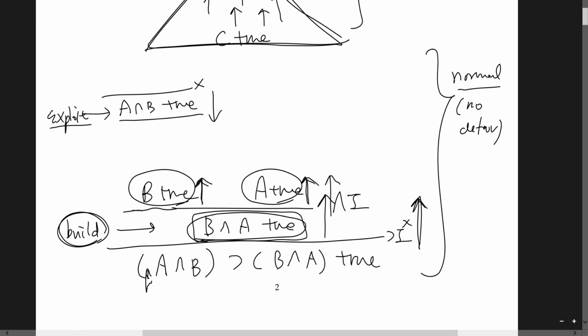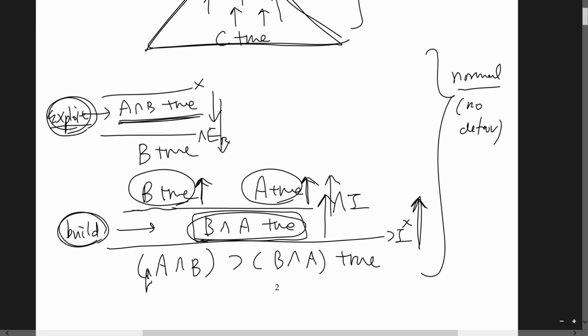Now it's time to exploit the proof of an existing judgment. In this case, it's going to be this hypothesis. So let's apply conjunction elimination rule to exploit an existing judgment. So we move downward. And by applying conjunction elimination right rule, we have B true.